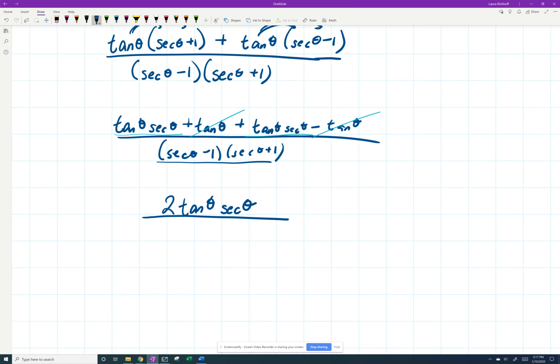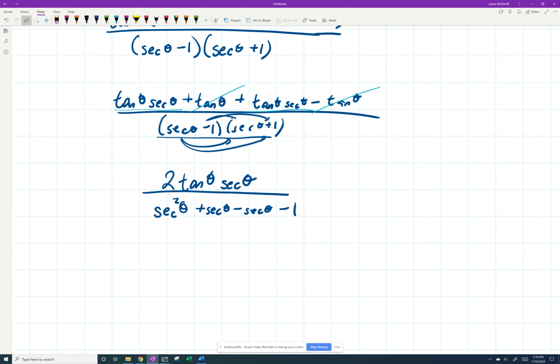So I'm going to get secant squared theta for that guy, and then plus a secant theta, and then minus a secant theta, and then minus 1. And I'm pretty happy with that because the secant thetas cancel, and that secant squared theta minus 1 is that identity that we were talking about.